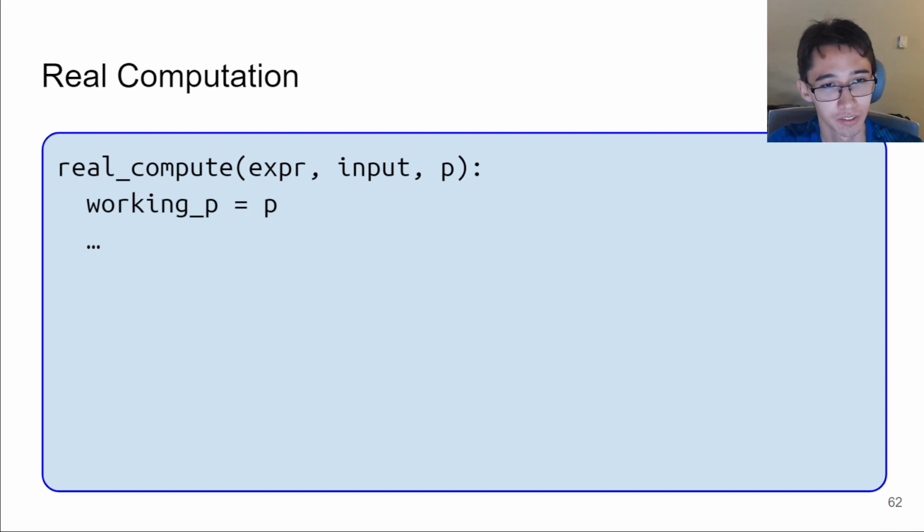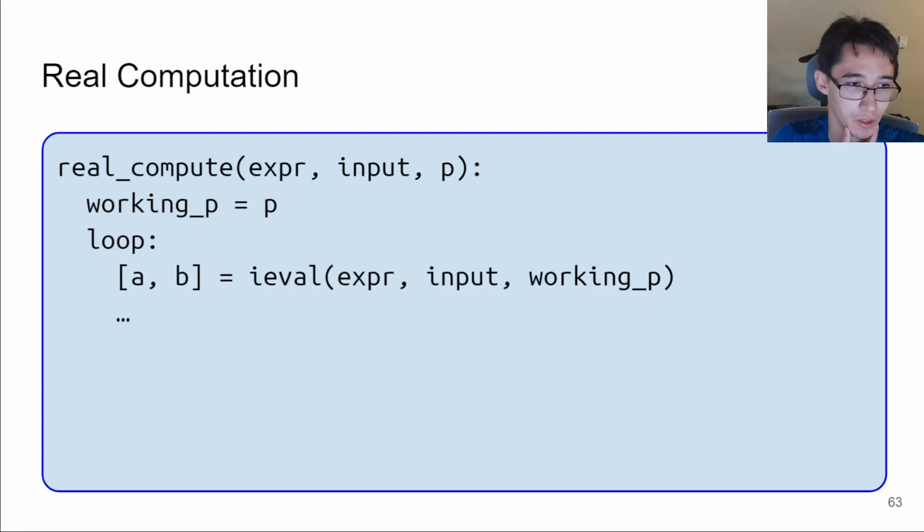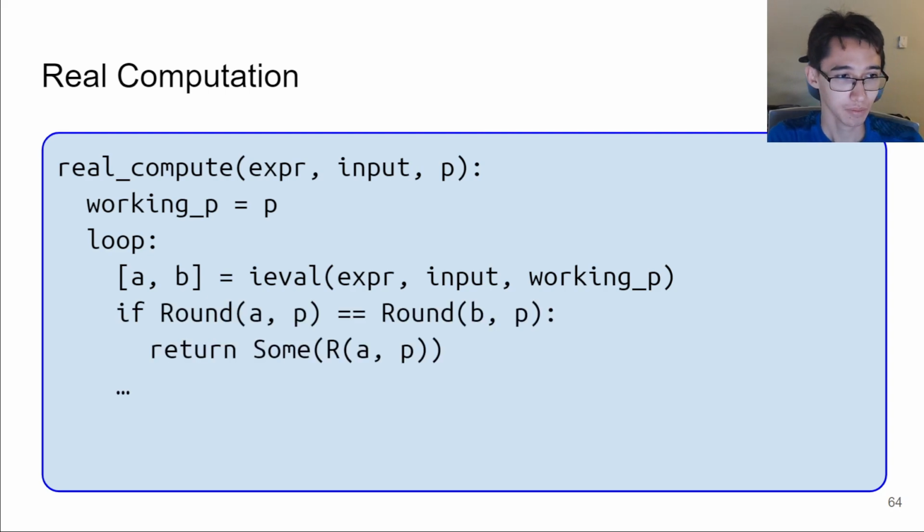And so at the beginning of the algorithm, we'll set our working precision to p. And the working precision will be the precision that we're doing our interval arithmetic at. And now let's start a loop. At each iteration of the loop, we'll perform interval arithmetic with this IEval function on the expression, input, and the working precision. So we'll get 2 endpoints A and B out of that.